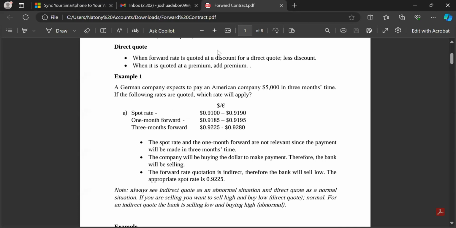So in this example, we have two currencies. The first currency is the USD, and the second currency is the euro.